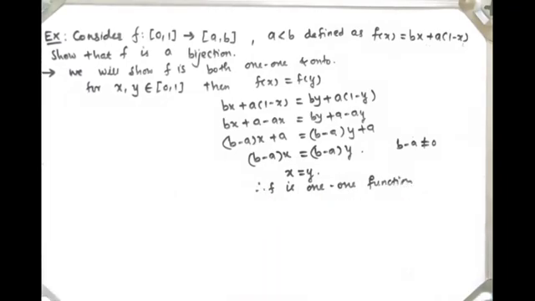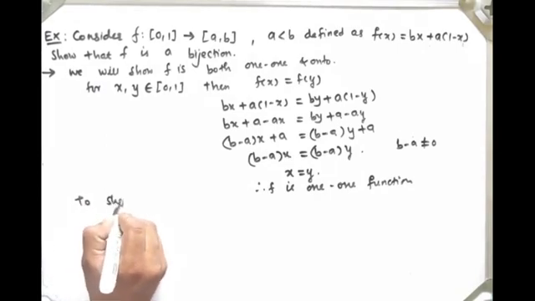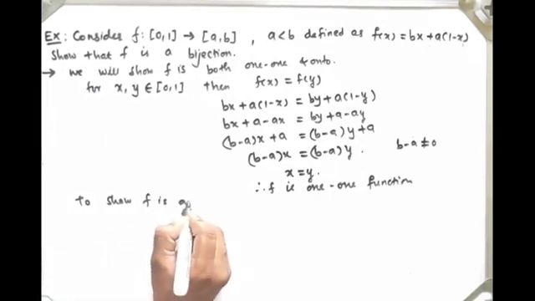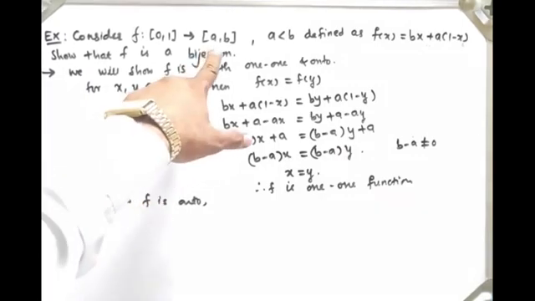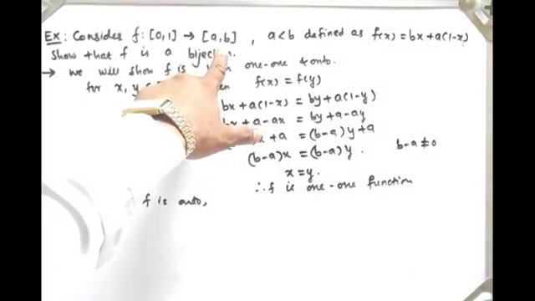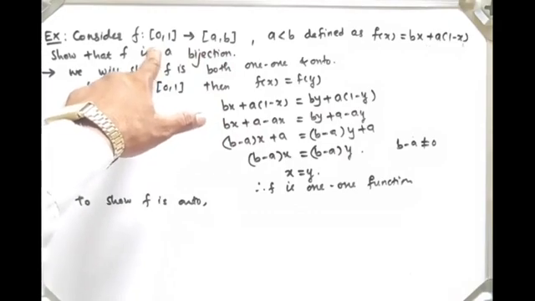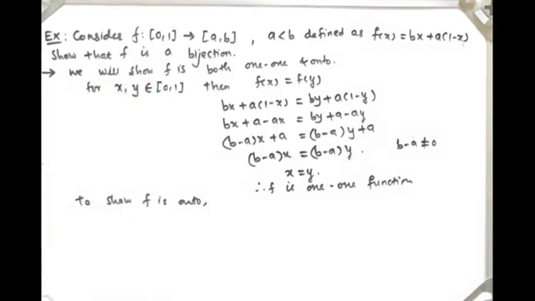Right, now to show f is onto. How to show it? For all y belonging to the codomain, there exists x belonging to [0, 1] such that y is equal to f of x, which means we have to find the value of x.